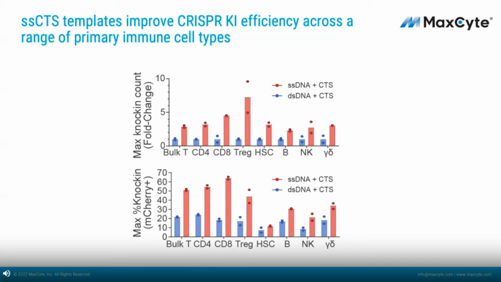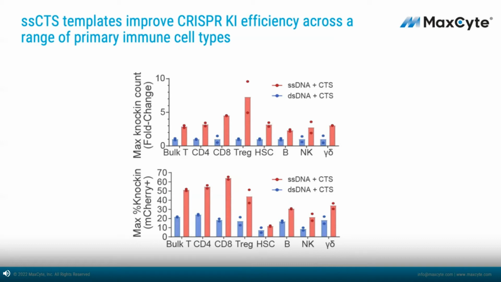All of these cell types tend to react negatively when double-stranded DNA is put into their cytoplasm. And so switching to the single-stranded DNA repair templates allowed you to achieve significantly higher knock-in efficiency across all of the cell types shown here.